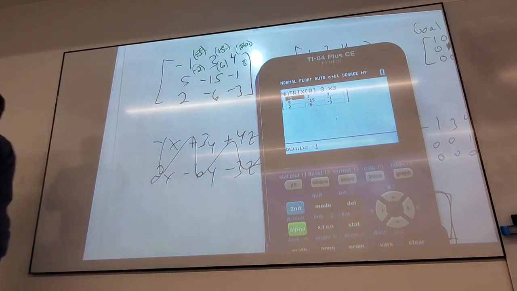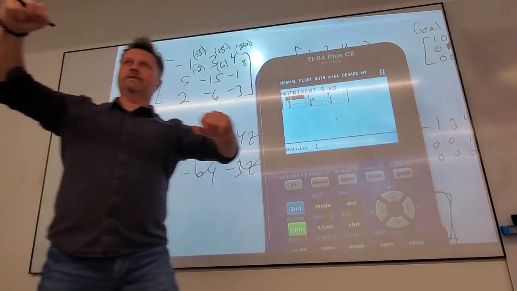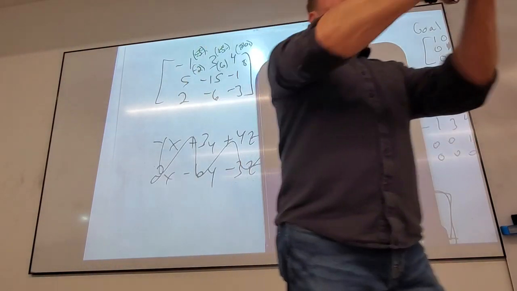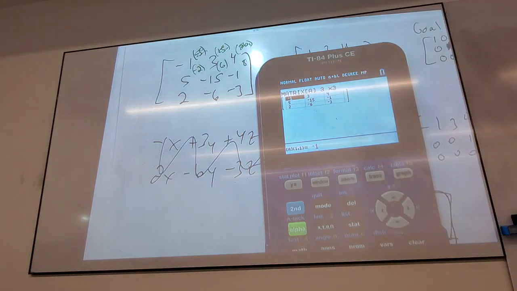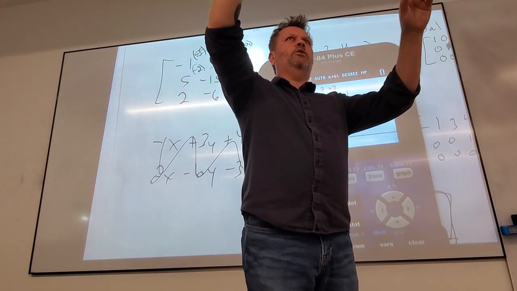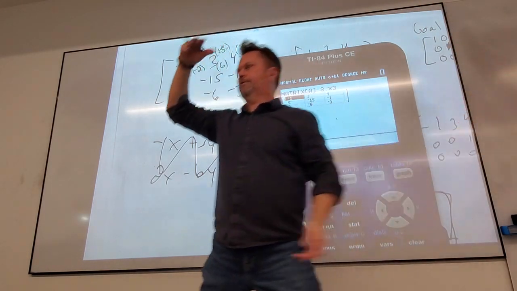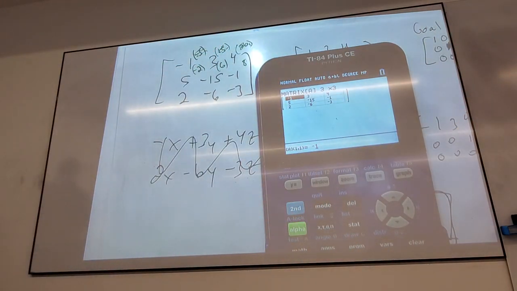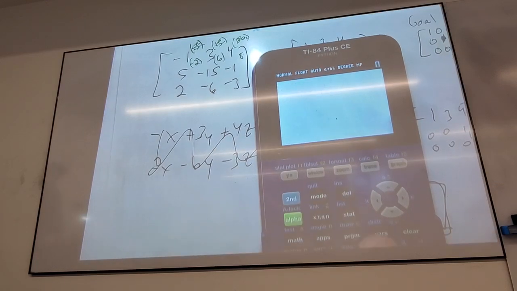Now, this calculator, the TI-83/84, one of the main things it's directly built for is statistics. All the statistical functions are easy. It's not built for matrix stuff. So after you put in your matrix, you have to hit second, quit to get out of the matrix, right above your mode button. Now go back to matrix.